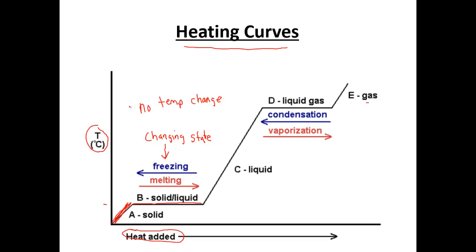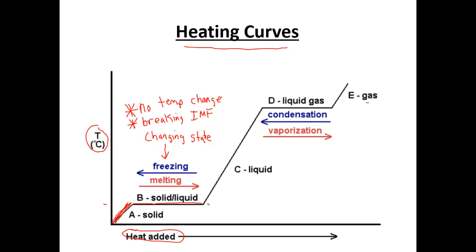So that's key. No temperature changing. That's our first idea. And our second idea is the reason why: we're breaking and changing those IMFs during this time. So those intermolecular forces, we're using that energy to break those, causing our change in state.